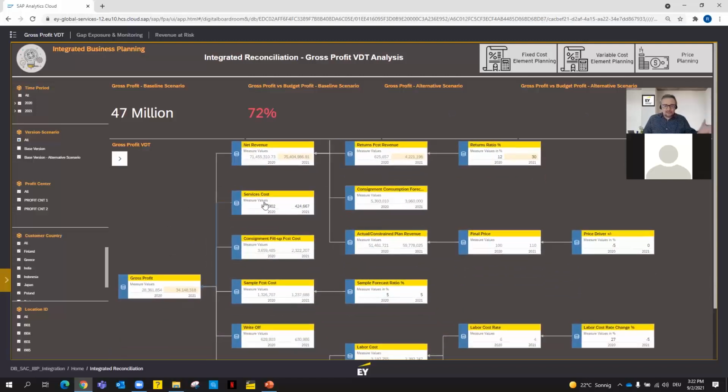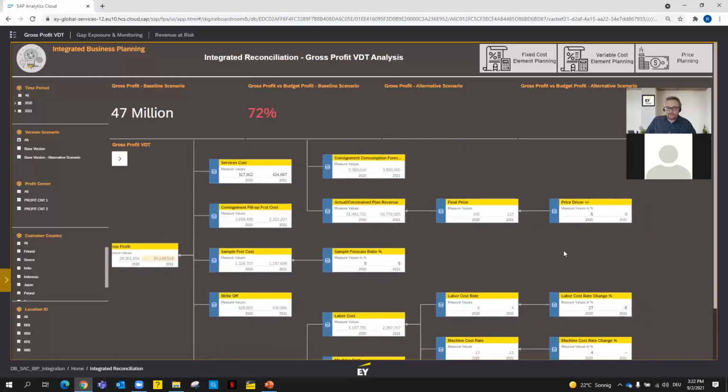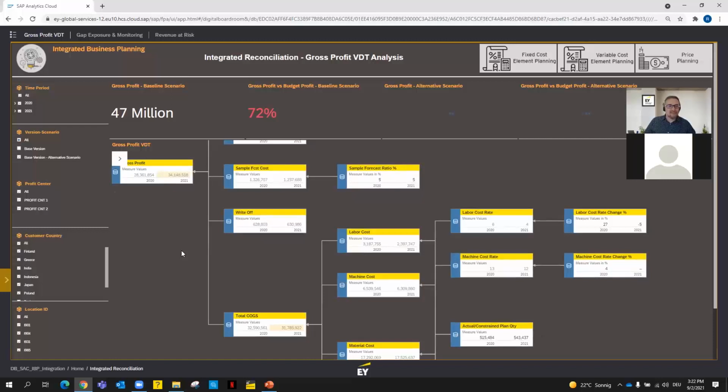The other example is that maybe you would like to plan some changes on the cost side as well, but maybe not replan everything. That's the concept of integrated reconciliation: you're replanning the key elements of your gross profit with the value driver tree, mostly on an aggregated level.